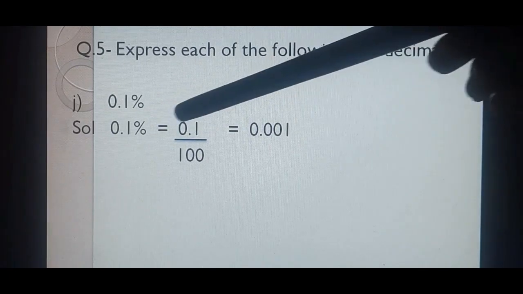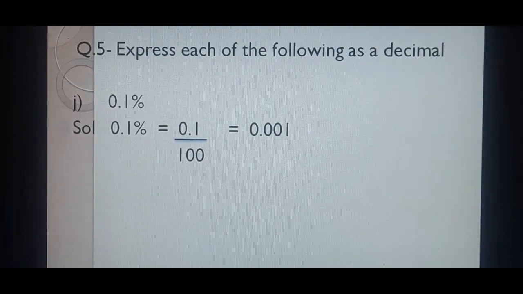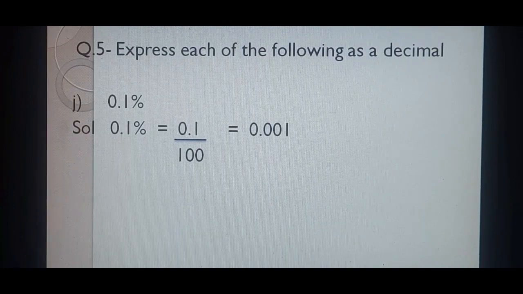So our number will become 0.001. Understood? Be careful: when there is division by 100, then decimal will move to the backward. When there is multiplication by 100, decimal will move to the forward direction. Right?